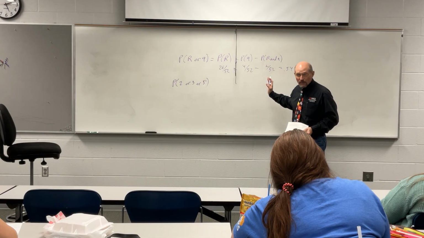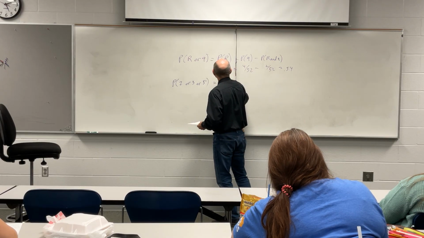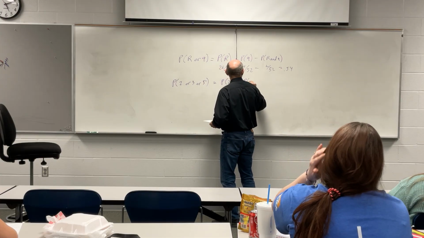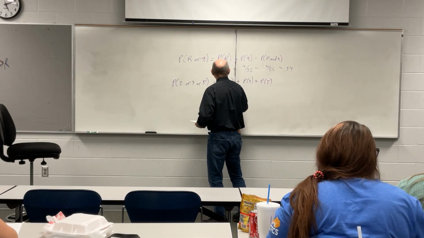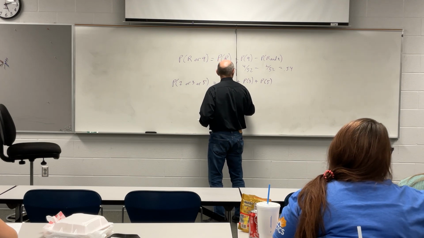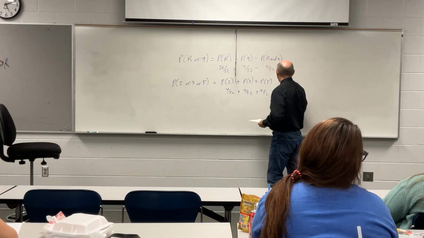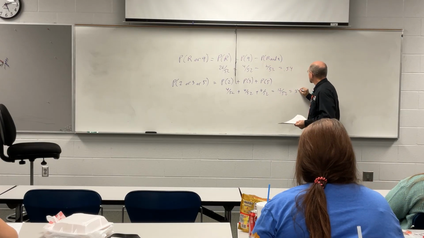No, those numbers are all mutually exclusive from each other, which means this will simplify down to the simple case of the addition rule. Probability of a 2 plus the probability of a 3 plus the probability of a 5, which in this case is 4 out of 52 plus 4 out of 52 plus 4 out of 52, which is going to give me 12 out of 52, which gives me a value of 0.23.